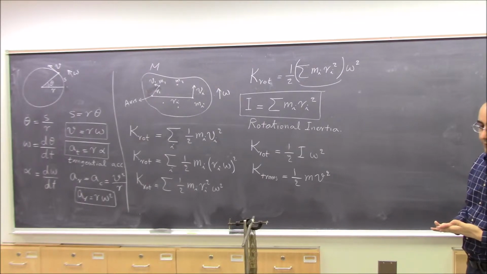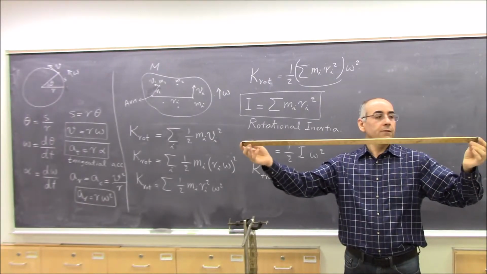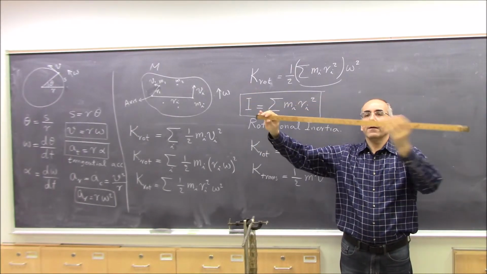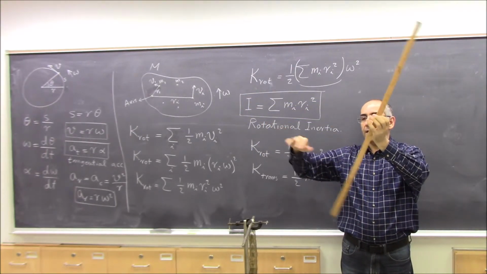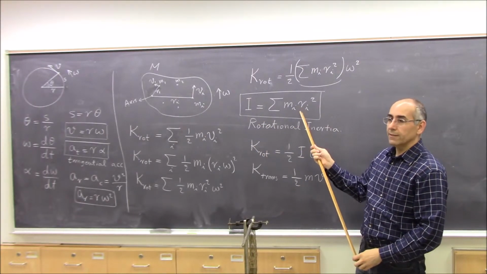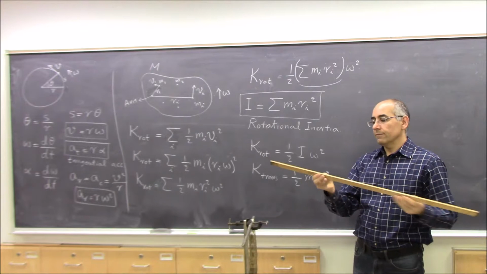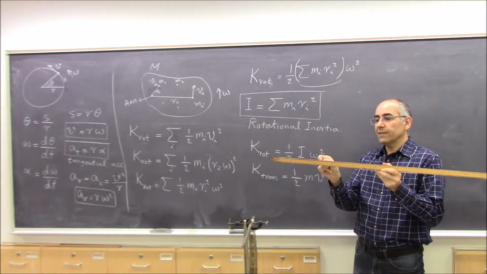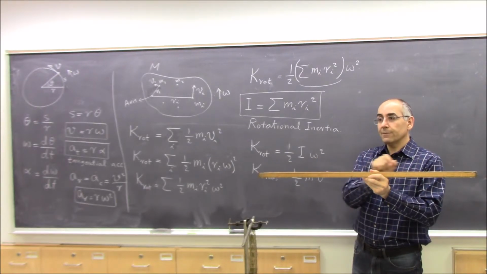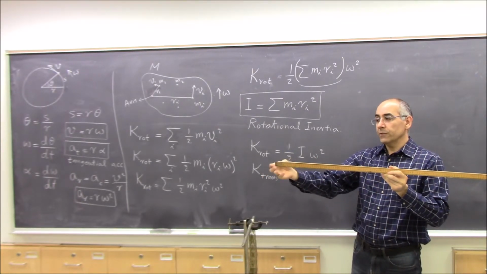For example, if you have a simple stick like this, rotating around one end or around its center, how do we find it? We don't have individual particles, so we cannot do this summation. But what we can do is take small pieces and treat each as a particle, and then add all the pieces together around whichever axis you want.